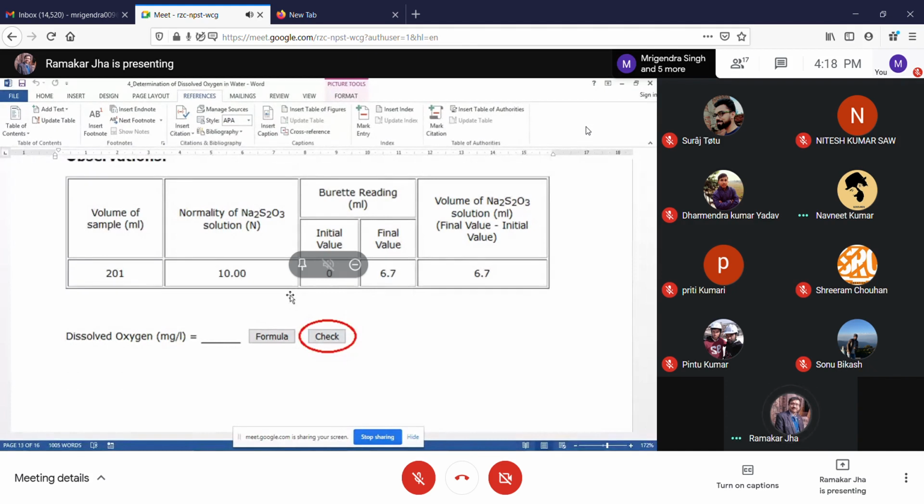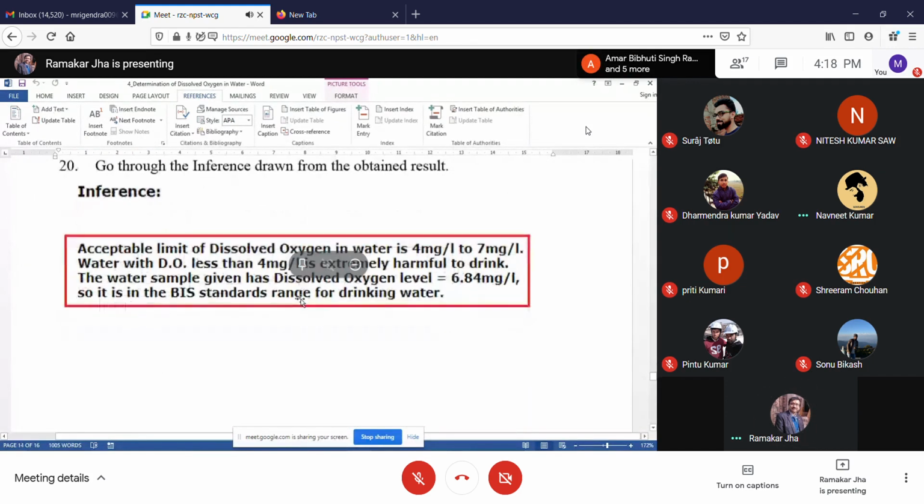Now the volume of sodium thiosulfate is 6.7. And the sodium thiosulfate we are getting is equivalent to the dissolved oxygen, and we can find that out. What is your inference? First let me finish and then we will repeat this, because DO and BOD are very important.